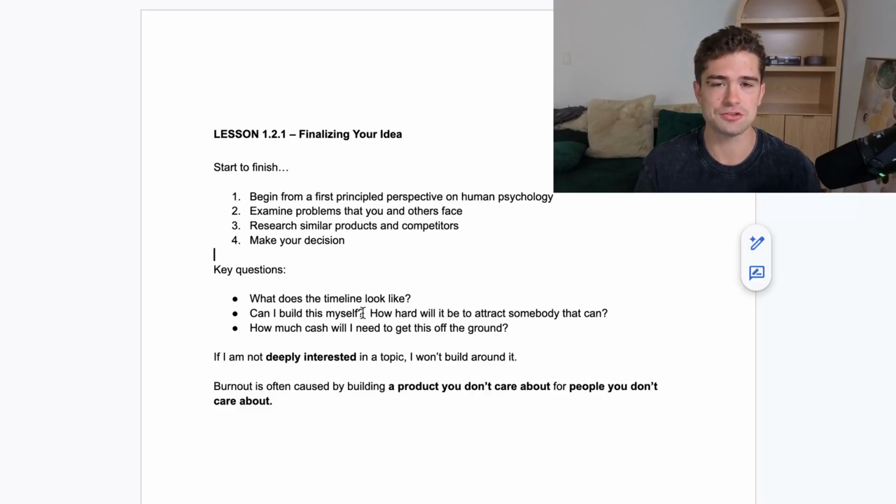Now, an extremely important note to add here is that once you make your decision to work on a product, that doesn't mean that you can't go back on that decision. There are probably 20 products where I've gone through the ideation phase and said, yes, I am going to build this. And then I open up Figma, right? We'll talk about this in design.